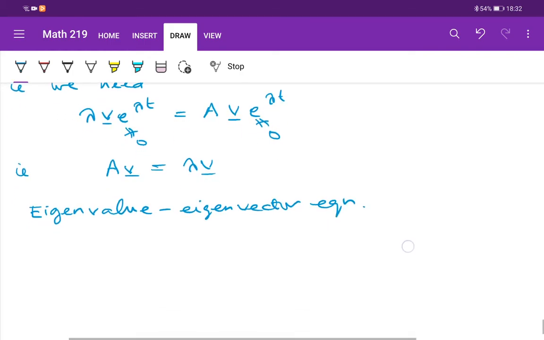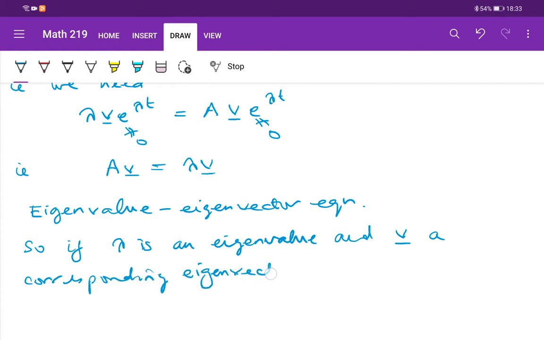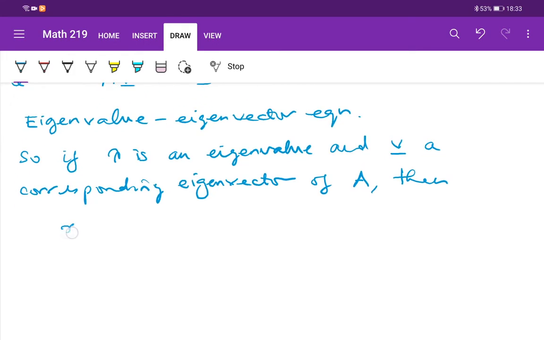Okay, so what do we see? We see that if lambda is an eigenvalue and v a corresponding eigenvector of A, then x(t) equals v e to the lambda t will be a solution of our equation.